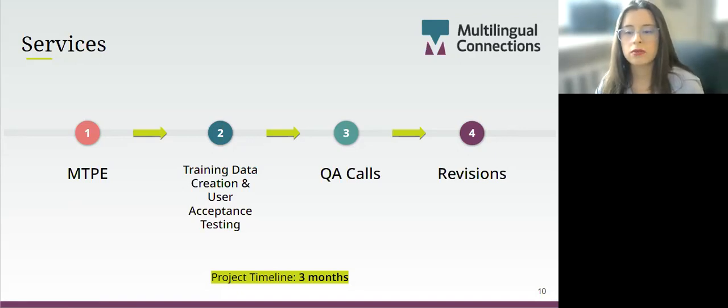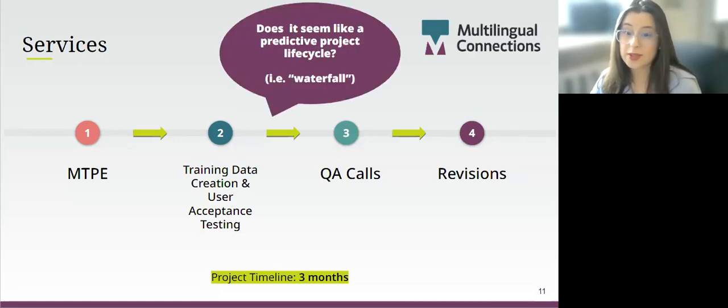Then we also provided some QA calls in which some final troubleshooting had to be done because of some persisting issues. With the final revisions completed, we finished the whole project, and the real chatbot and the IVR system were up and running. It all took 3 months to complete all the languages and each product in each language.